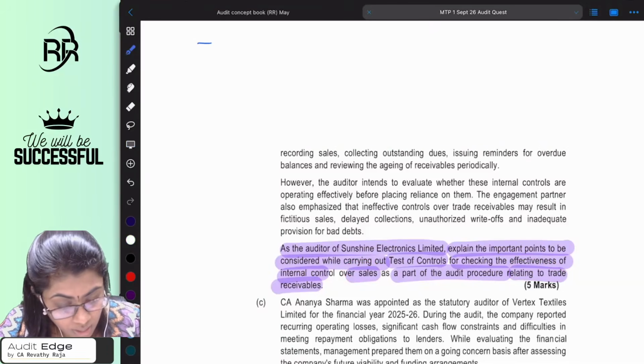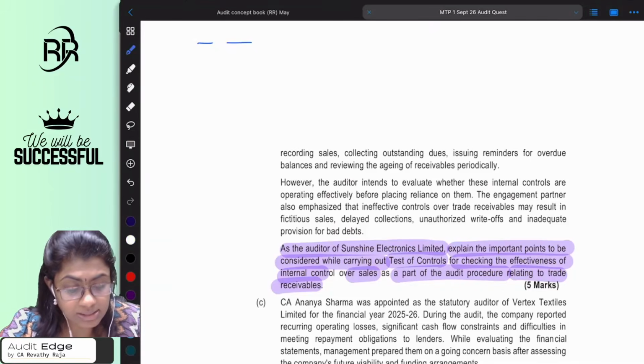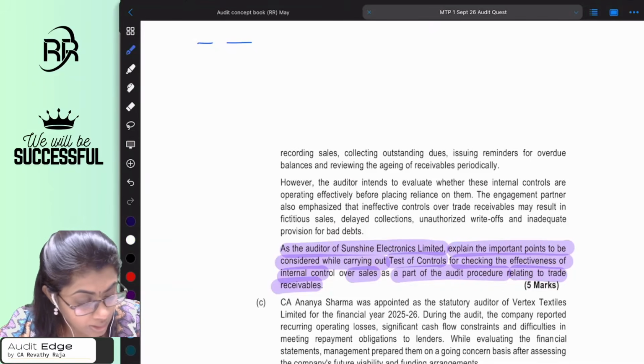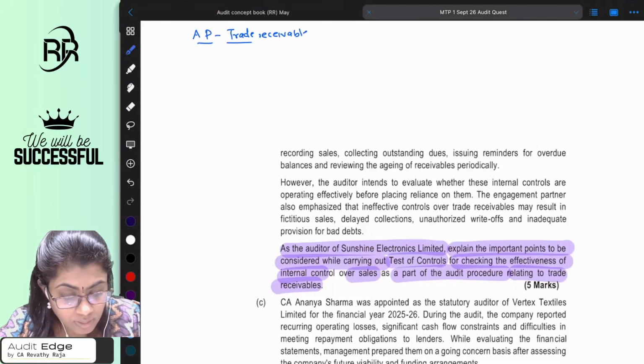Here they have asked with respect to the trade receivables sales. You can put the heading, audit procedures relating to the trade receivables.